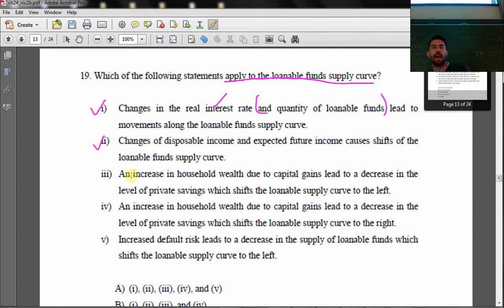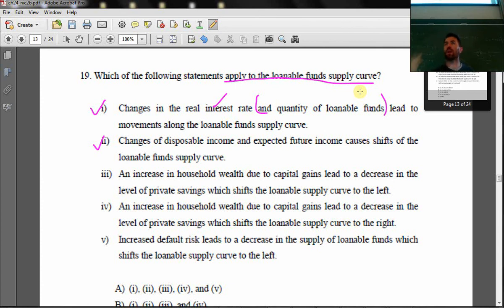Number three, an increase in household wealth due to capital gains leads to a decrease in the level of private savings, which shifts the loanable funds supply curve to the left. On page 531 there's a discussion about wealth.